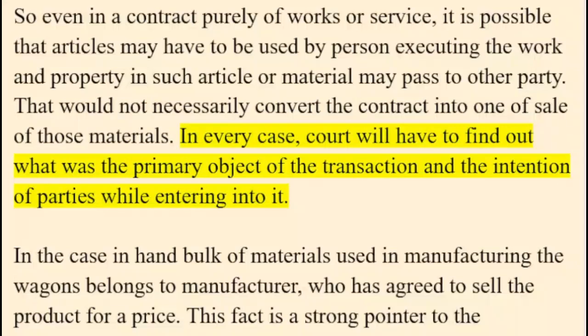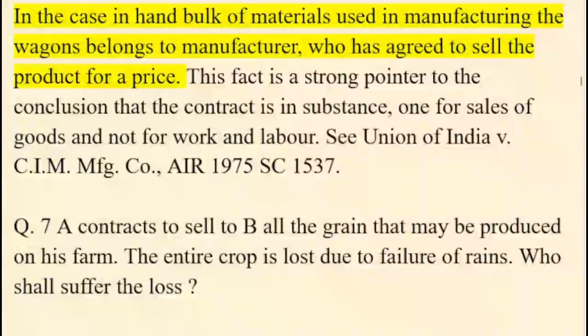In every case, the court will have to find out what was the primary object of the transaction and the intention of the parties while entering into it. In the case in hand, the bulk of materials used in manufacturing the wagons belongs to the manufacturer, who has agreed to sell the product for a price.